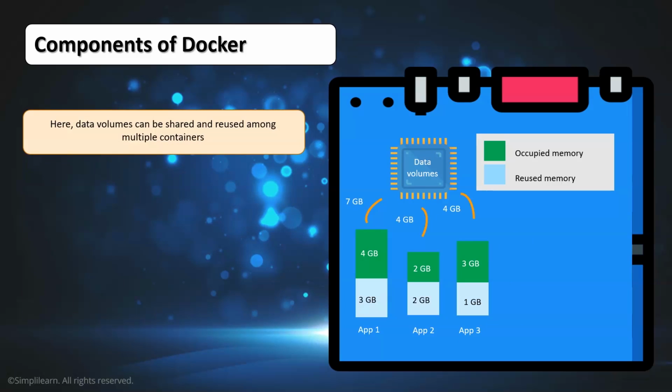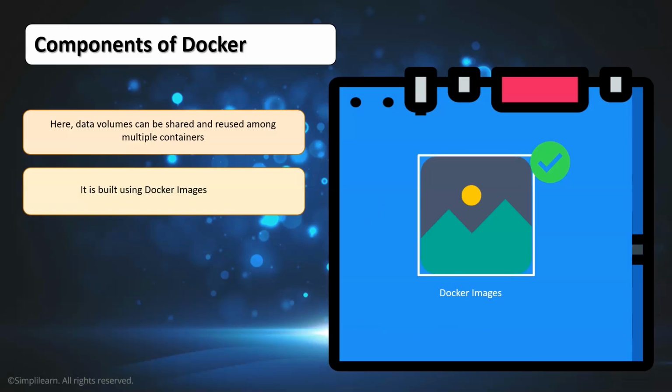Now, there are data volumes which can be shared and used among multiple containers. So you have the capability that if there is some unused space, it can be easily shared across multiple containers here.